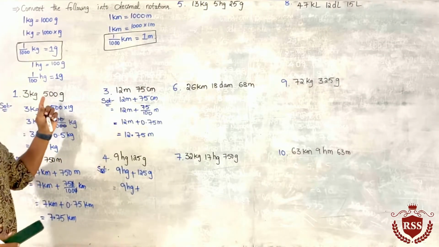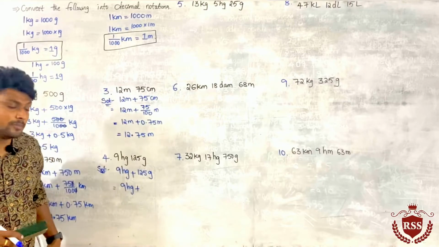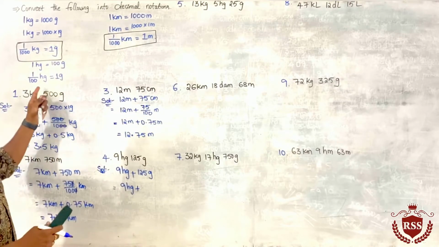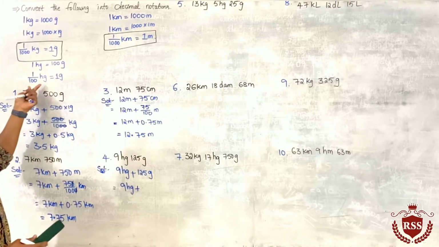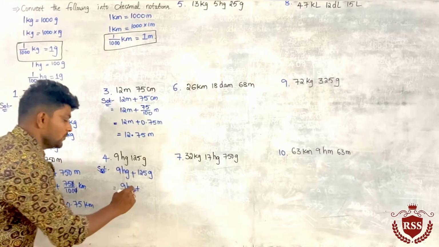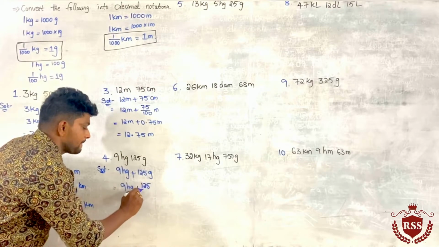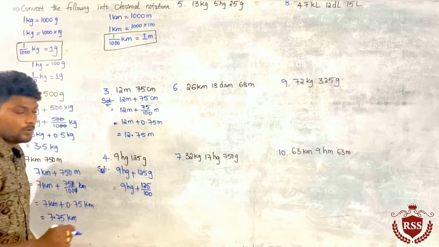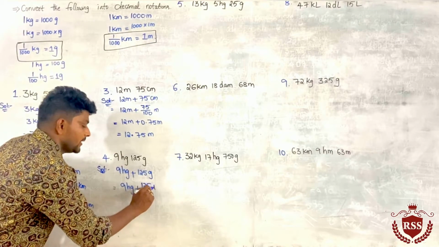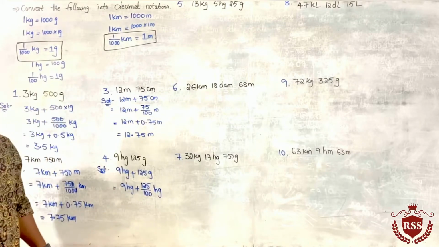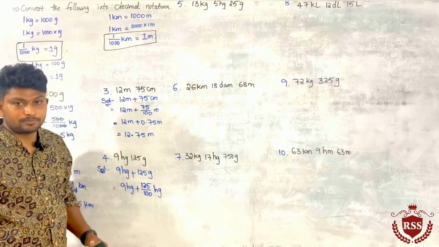We need to convert 125 grams into hectograms. 1 gram is 1 by 100 hectograms. So 125 by 100 hectograms. If we divide by 100, it will be converted into hectograms.